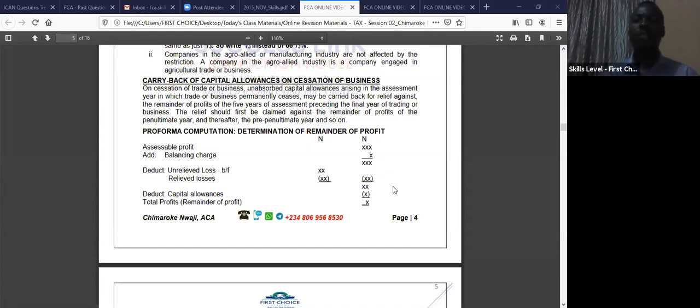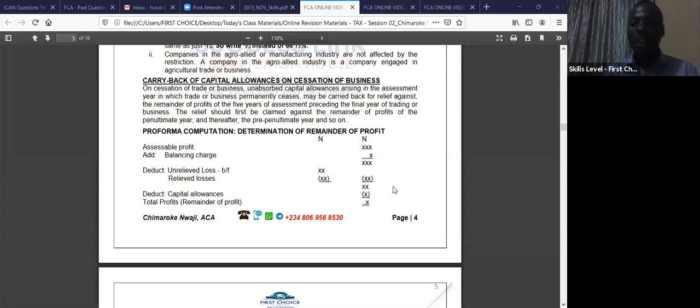That will mean that 2019 will be the penultimate year. Now let's assume that we have capital allowances that have been accumulated, which we carried up to 2020. And because maybe we have a loss in 2020, we cannot relieve the capital allowance due to the loss.